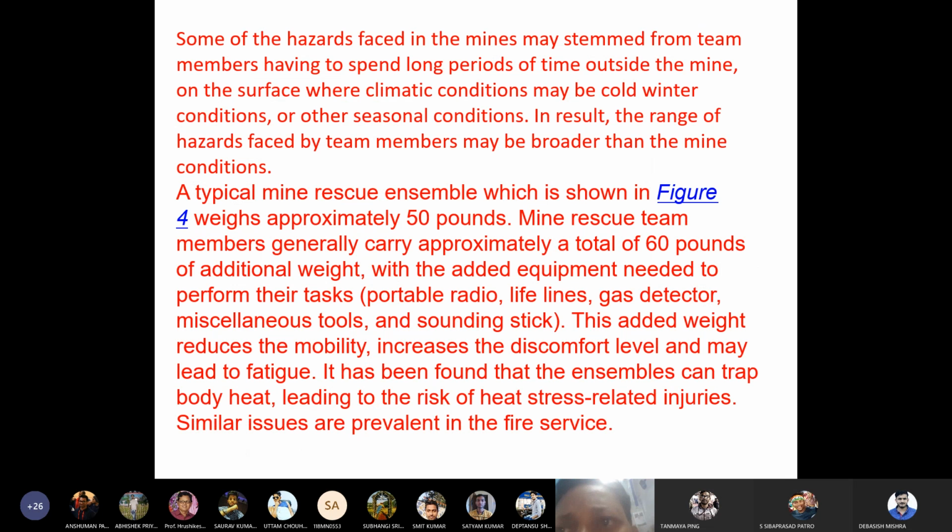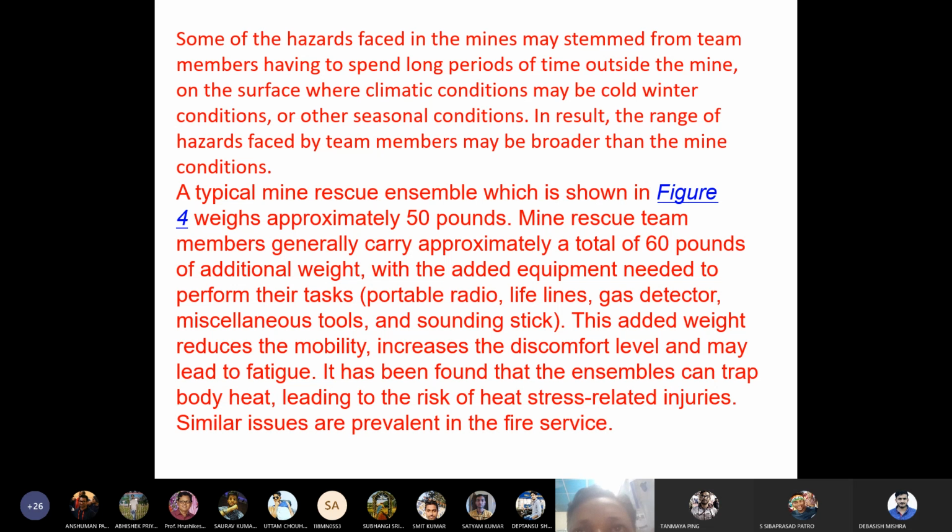So some of the hazards faced in the mines may stem from team members having to spend long periods of time outside the mine on the surface, where climatic conditions may be cold, winter conditions, or other seasonal conditions.